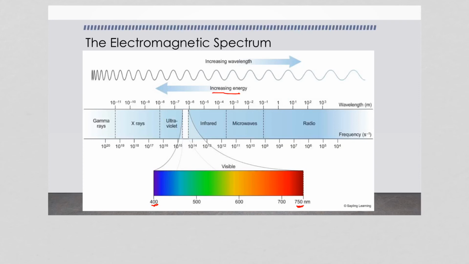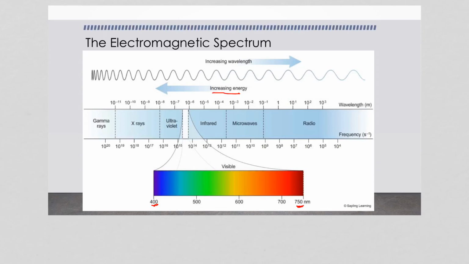So infrared, microwaves, and radio waves are forms of electromagnetic waves that are non-harmful, just like visible light. We can be exposed to these and not really cause any kind of biological damage.